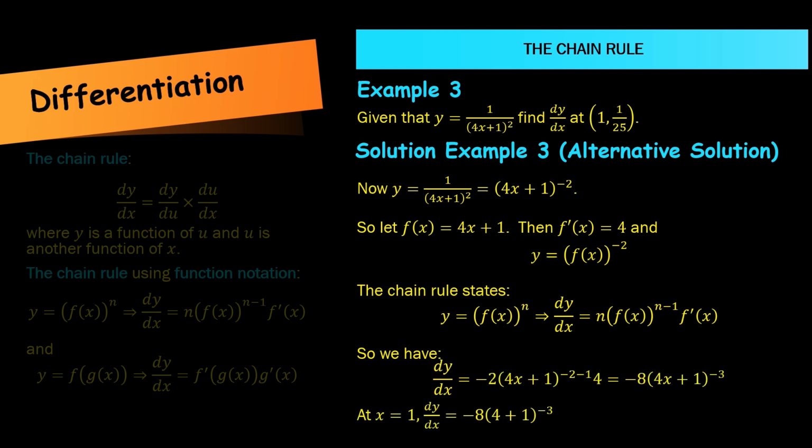Now at x equals 1, we can plug in the value of x equals 1 into this expression, to give us again the value dy dx at x equals 1 equals -8 over 125.